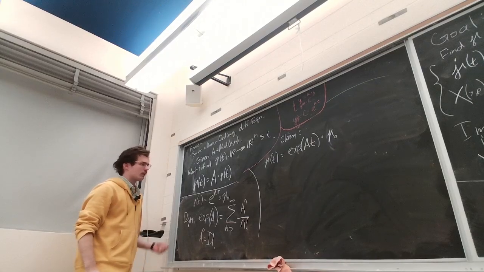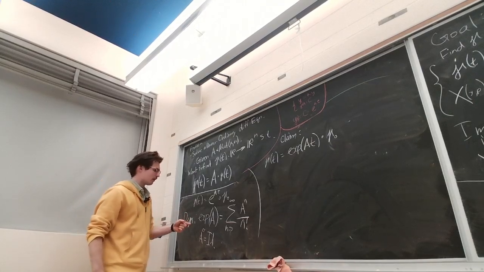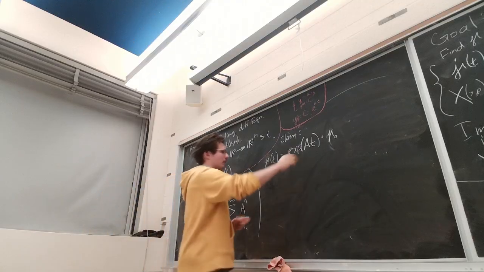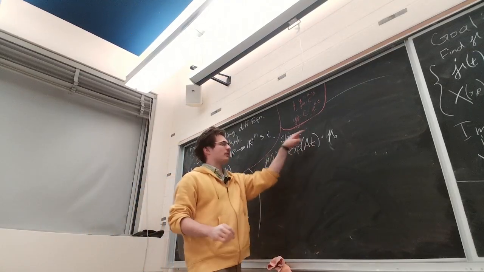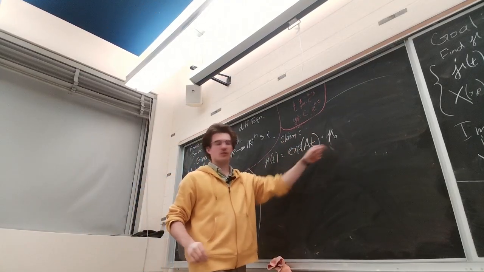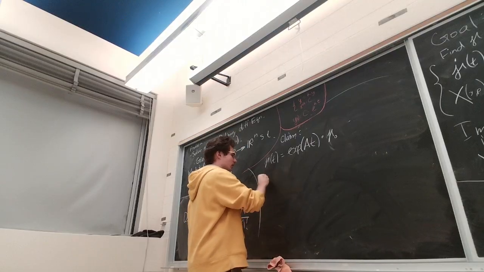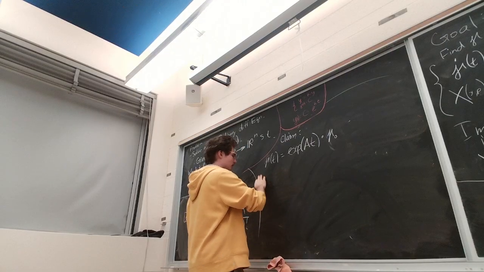So at t equals 0, right? This exp of At is still going to be a matrix, so it makes sense to apply it to gamma naught. So let's write down what this really is.